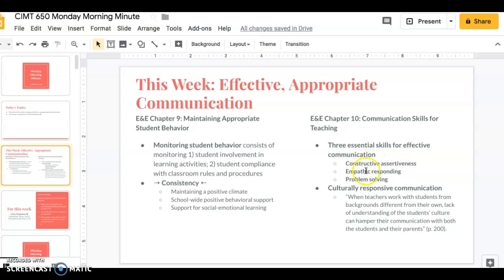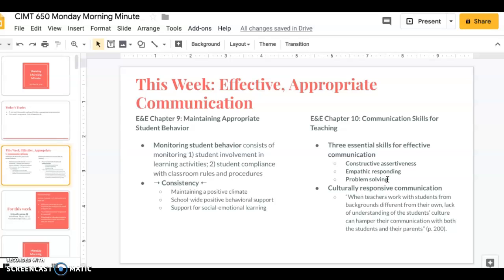The second essential skill that they talk about is empathic responding. They even describe very specific listening skills that educators can practice and that can really help resolve conflicts. And then finally, they talk about problem solving: how to reach a mutually agreeable solution to a persistent problem.